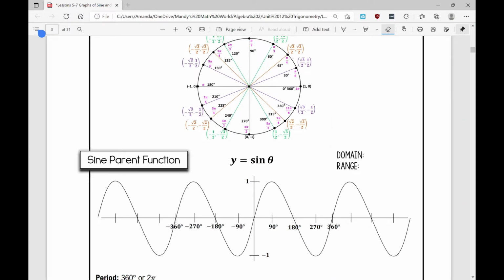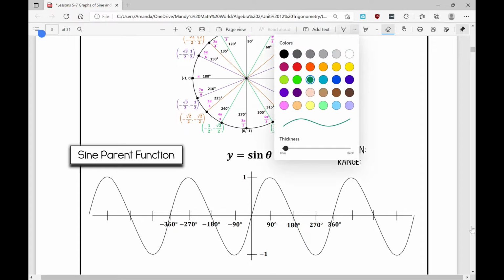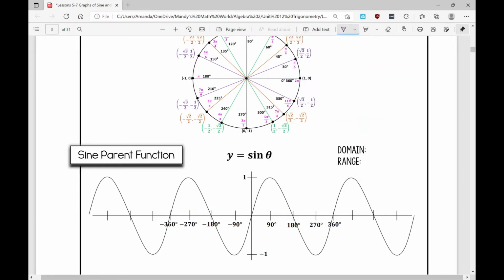Here's what the sine parent function looks like. The first thing I want to talk about with this parent function is the domain and range. The domain is going to be negative infinity to positive infinity. Then our range goes from our lowest point to our highest point.